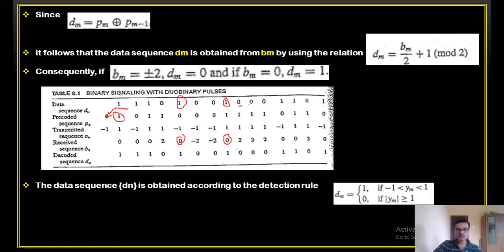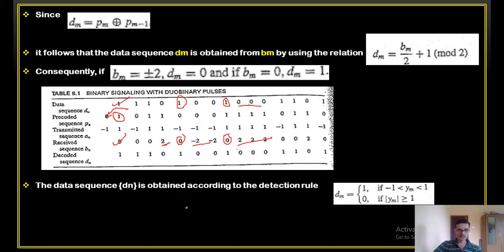What about 0? For 0, either it is plus 2 or minus 2. This is the unique feature of the modified DuoBinary coder. In the previous method, DuoBinary coding, we were randomly getting the voltage levels, but here, due to the precoder, we have 0 volt for binary 1 and plus or minus 2 for 0.